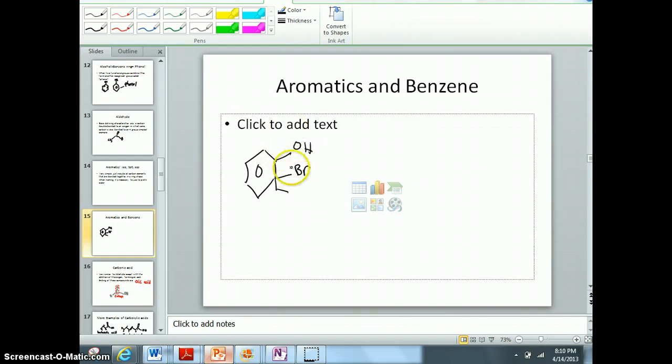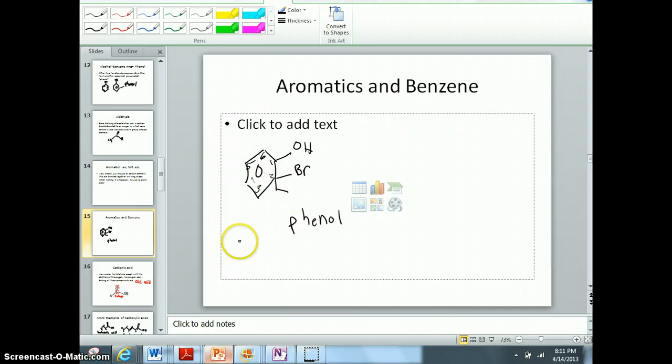Alright, so when we look at this molecule here, we have to realize this is a benzene ring with an OH. So it is going to end with phenol. And the phenol part takes care of the fact that it's a benzene ring with this attached. So now we want to order again, and 1, 2, 3, 4, 5, 6.